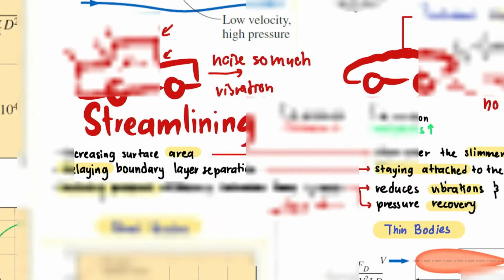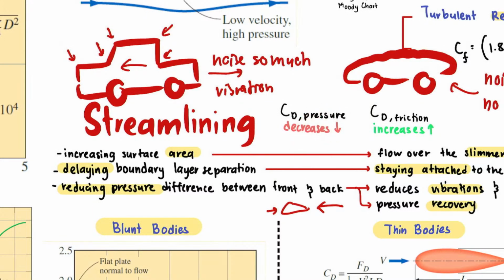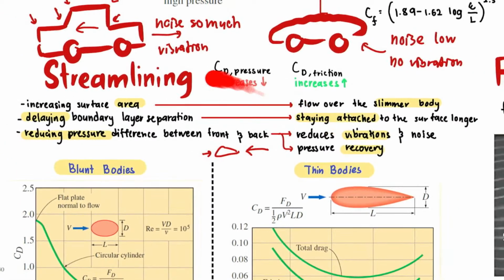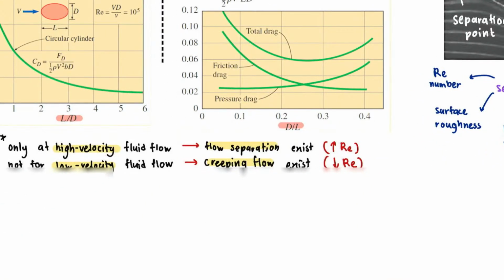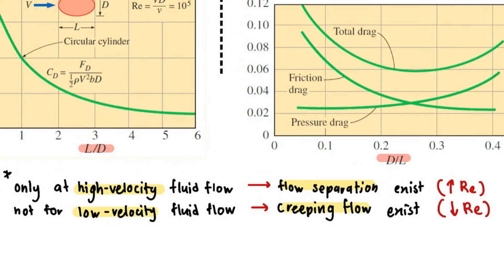So it is better to make a body that usually, okay, this is important. You only streamline things when it is moving in a very fast motion. Only at high velocity fluid flow does the streamlining take effect.